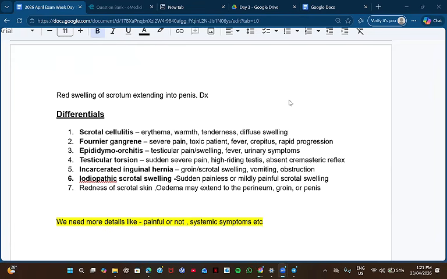Spermatocele, very good. Epididymal cysts, yeah, those are the usually painless ones, right? Okay, yes, all types of seals. Very good, doctor.